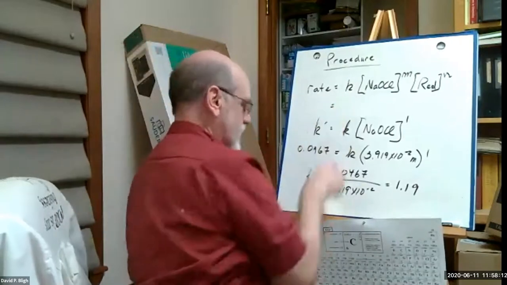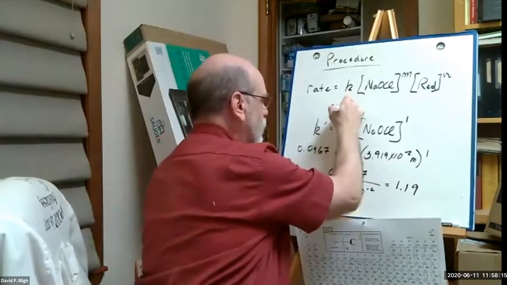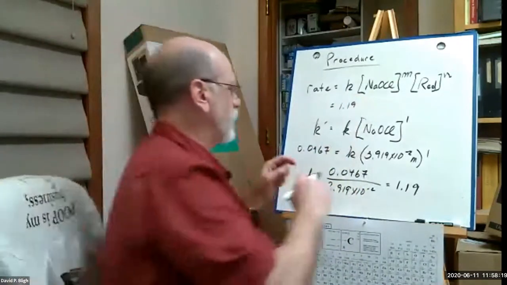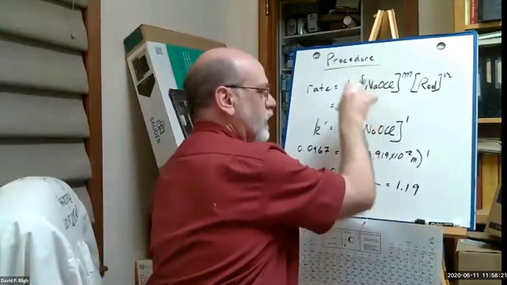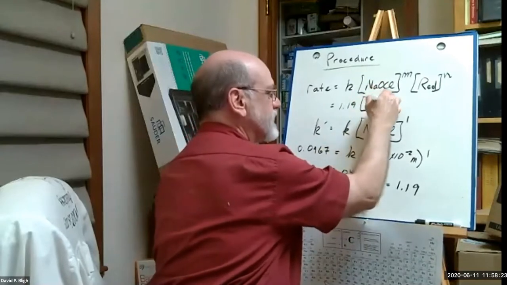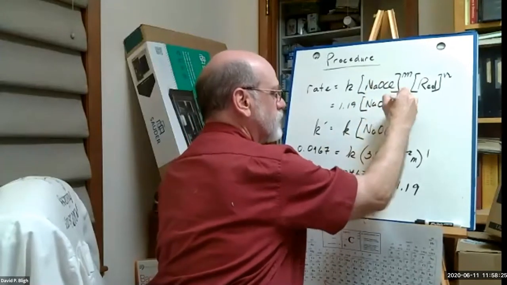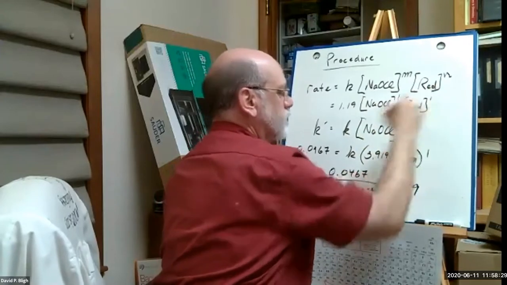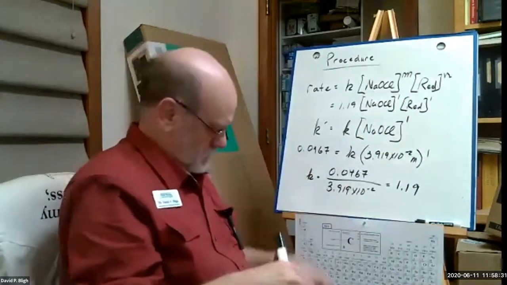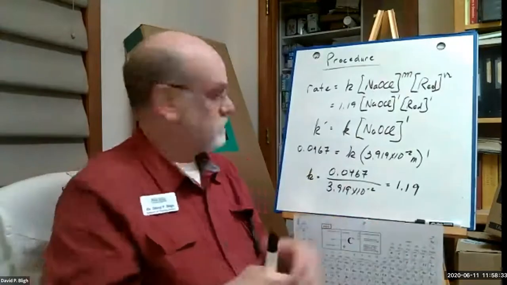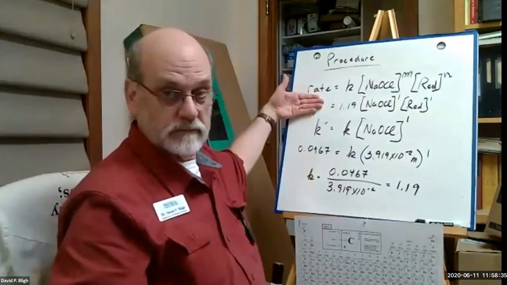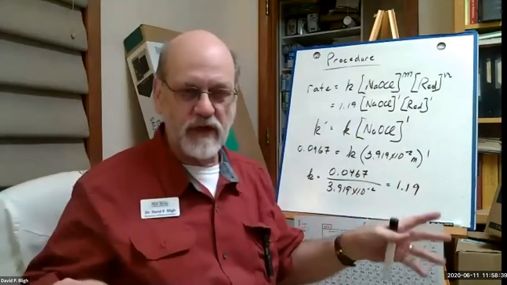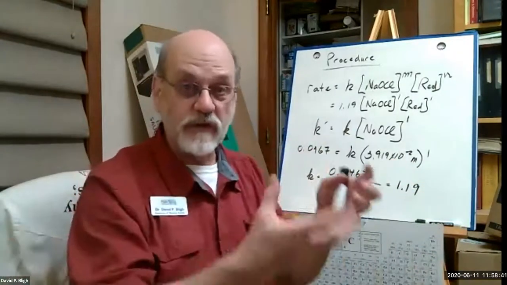So now we say K is 1.19. I think that's right. Yeah, 1.19. And then whatever the concentration of this happens to be to the first power, and this one to the first power. That's the rate law right there. Okay? That we did all of this mess we've done to arrive at that one simple equation.